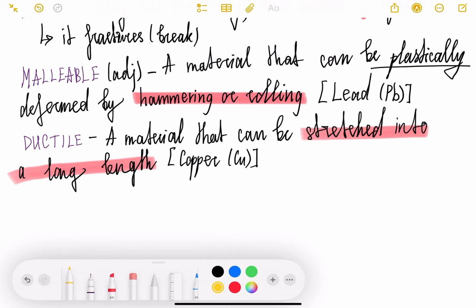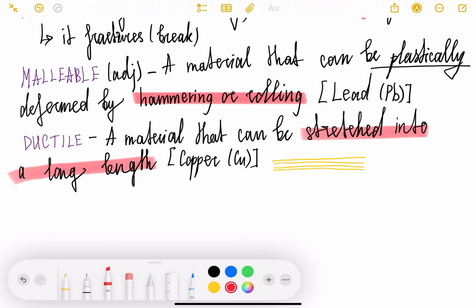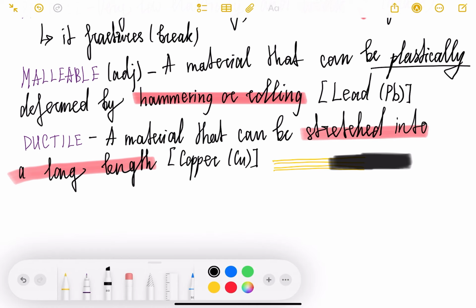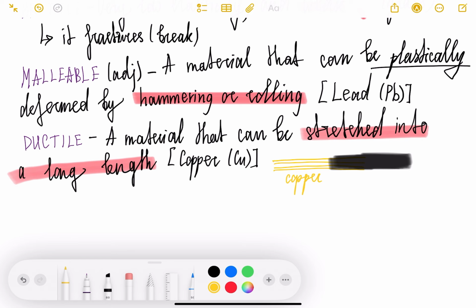I will try to draw it like this, okay? I think you guys have seen this a lot. And this is copper. Copper is able to be stretched into a long length, so this means copper is ductile. Yeah, exactly.